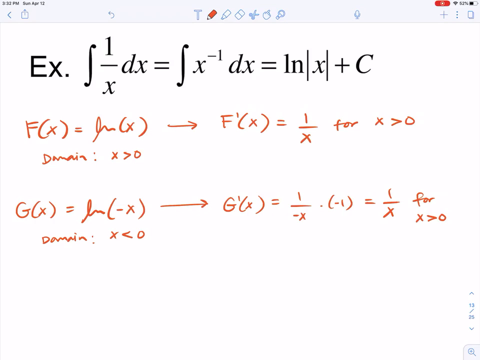So since the implicit domain of the function 1/x is all real numbers except for x equal to 0, when we integrate 1/x, so when we find the general antiderivative of 1/x, we make it the natural log of the absolute value of x so that their domains match.